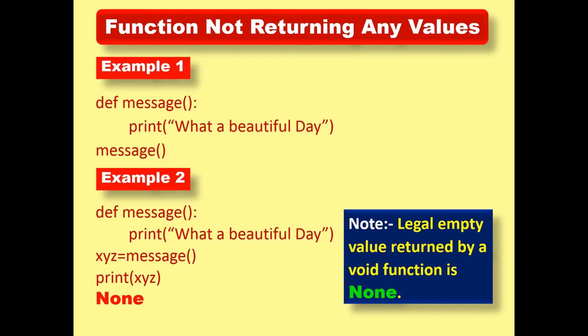How we are supposed to prove that thing? When we call a function message, that value which is being returned by function message is supposed to be stored in a variable xyz, and when we write xyz along with print statement, they return None.